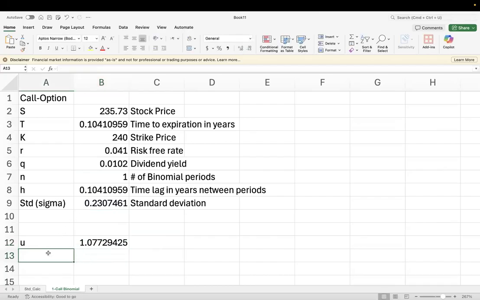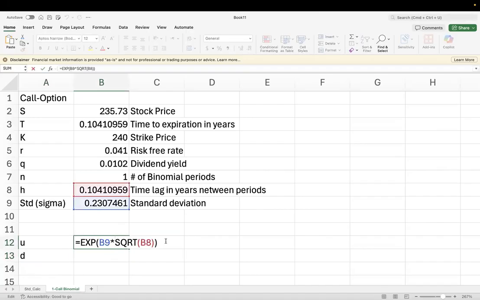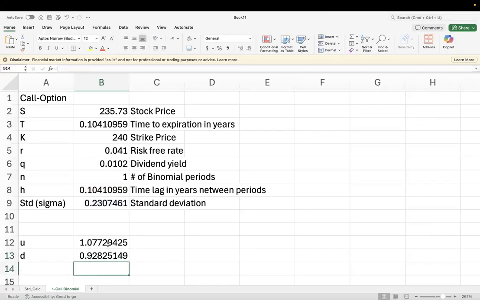That's U. D is the opposite of this, or I can just use this formula and put a negative sign right here, or I could just say easily 1 over U.